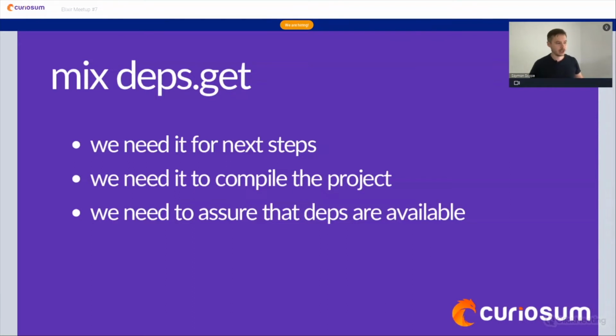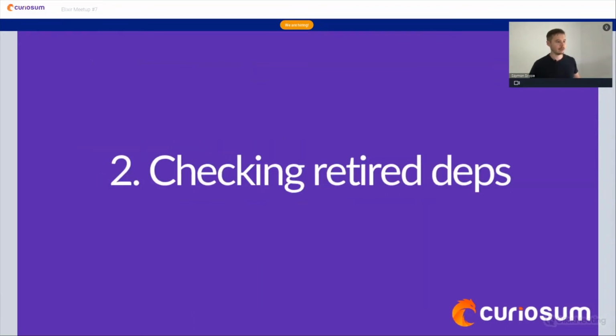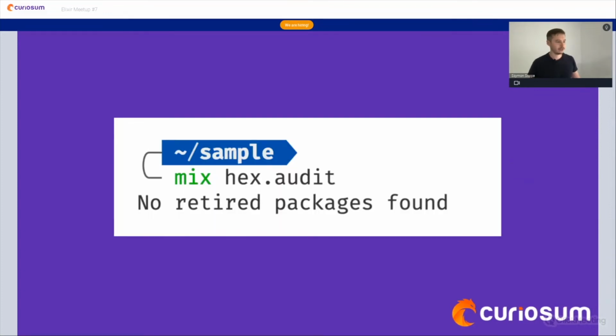So that's a pretty easy step, but then we go to a step which checks whether our project has retired deps. So the command for it is mix hex.audit. As you can see in this case, I just created some kind of a sample repository before the presentation to verify all of these steps.